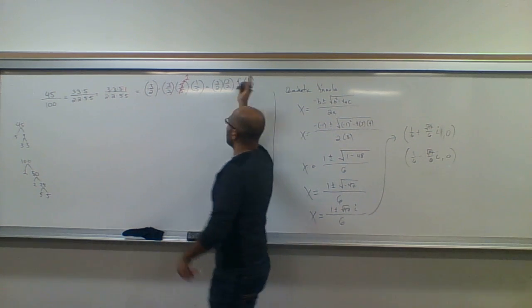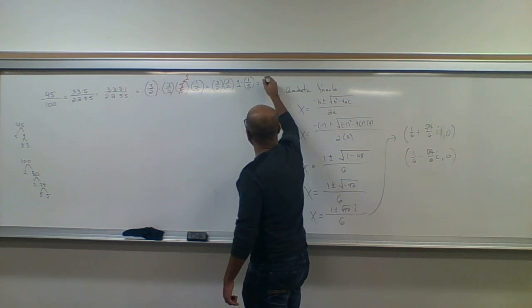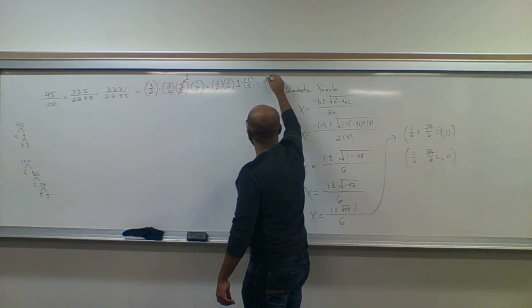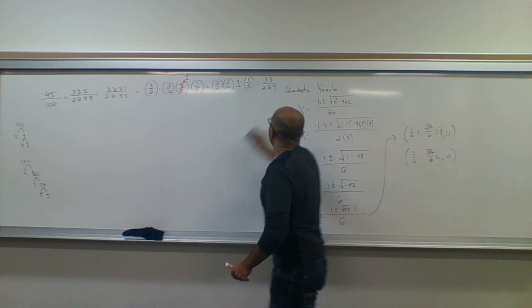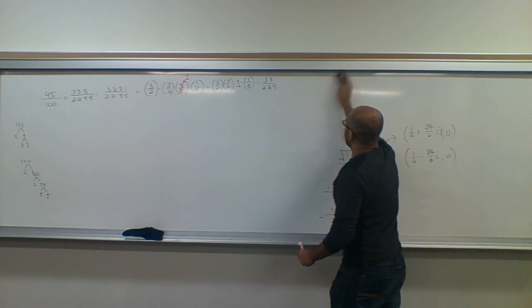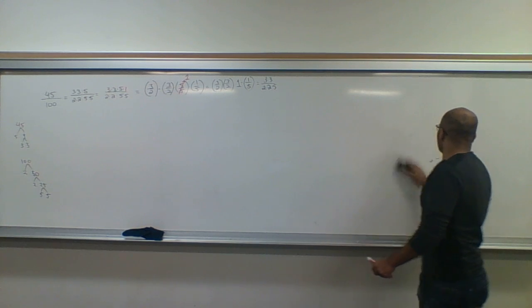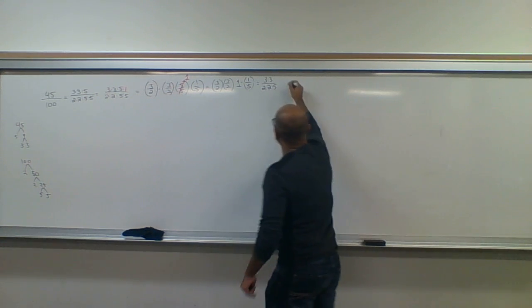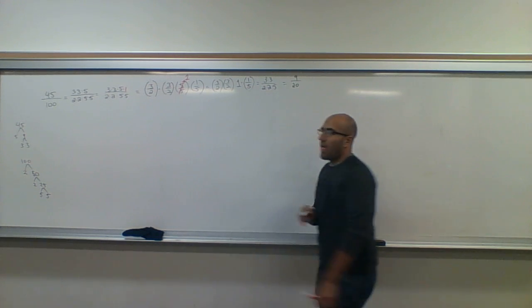And 1 times anything is that same number, so I can rewrite this as 3 times 3 times 1 all over 2 times 2 times 5. What survives in the numerator is a 9, and in the denominator 4 times 5 makes it 20.